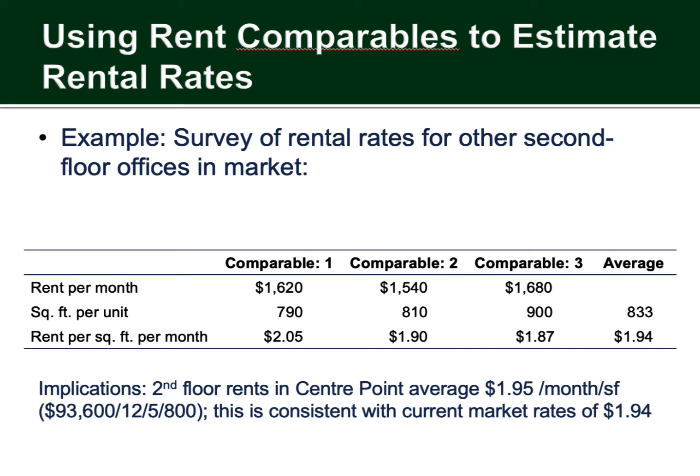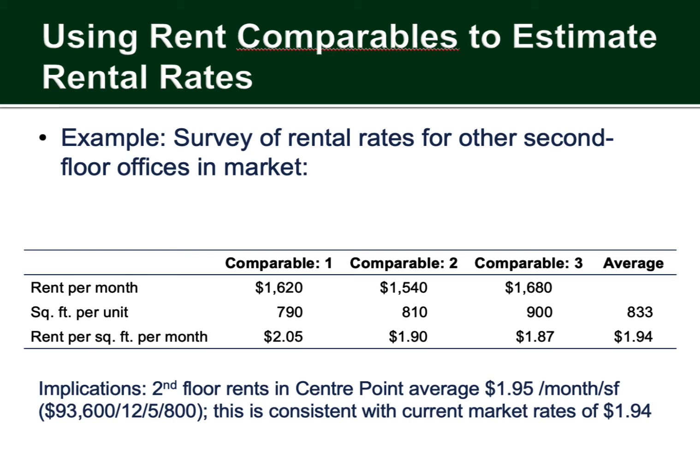Kind of like what we did with our sales comparison method, when looking at recent sale transactions to see what a price range for the subject property might be, we can use rent comparables to estimate rental rates. For this kind of thing, we usually don't need to deal with adjustments. Instead, we just pick 3 to 9 comparable units.